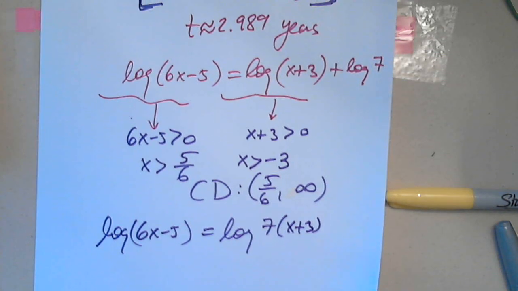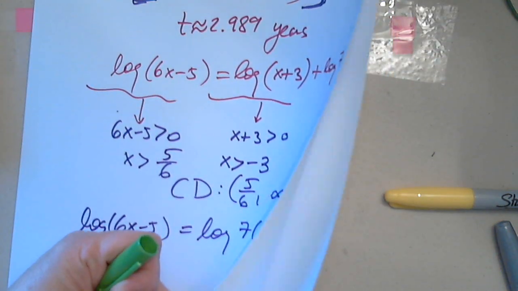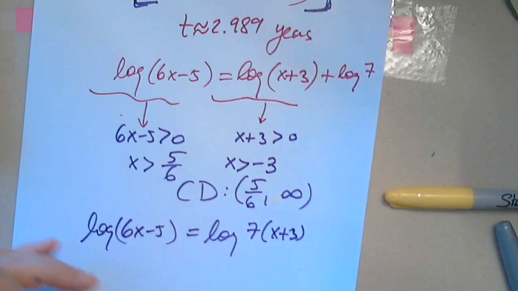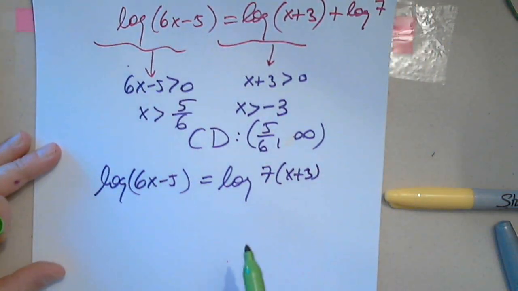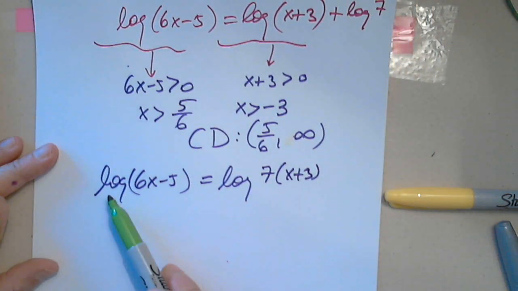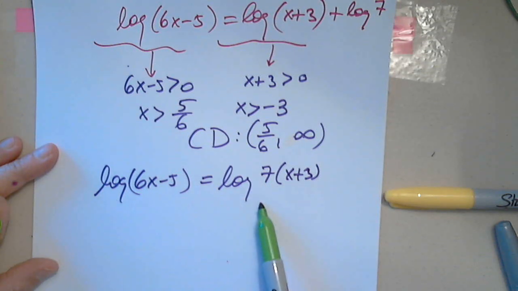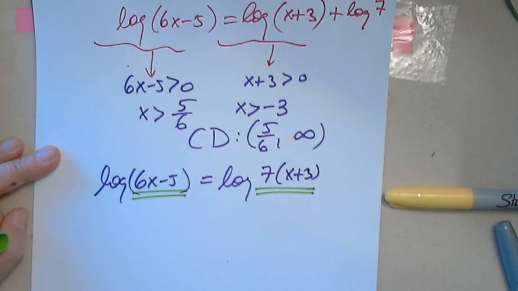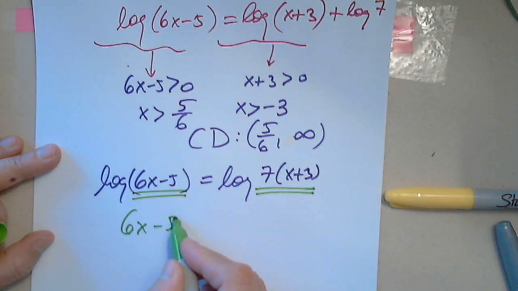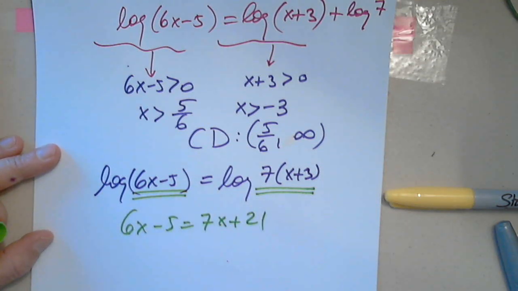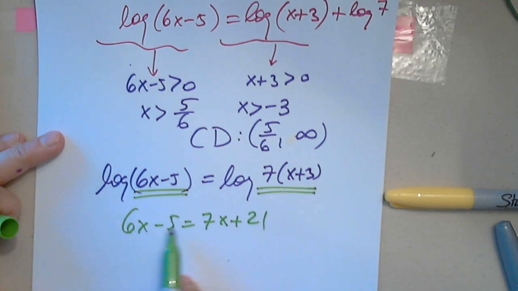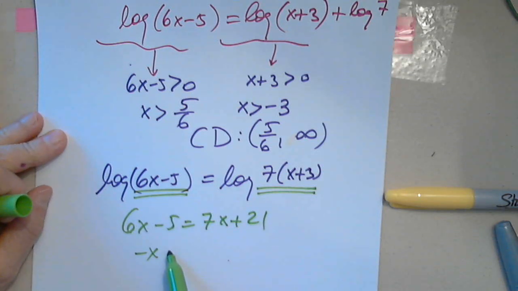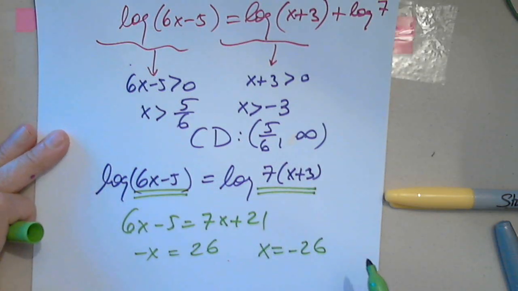Yes, but I can distribute it after I get rid of this step. So how do I continue? I have two numbers, they have the same log, same base. What has to happen to this piece and this piece? They equal each other. That's it. I bring 7x to the other side, so I have negative x. And I bring 5 to the other side, and I have 26. And then x equals negative 26.